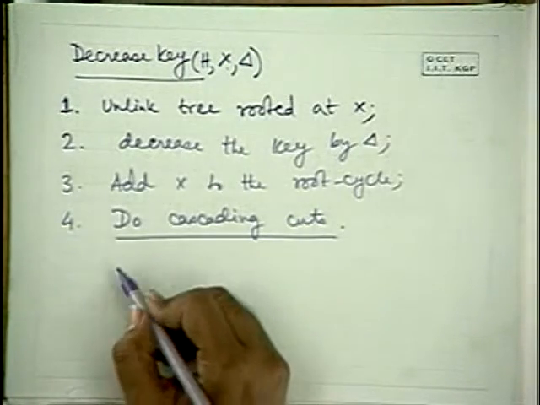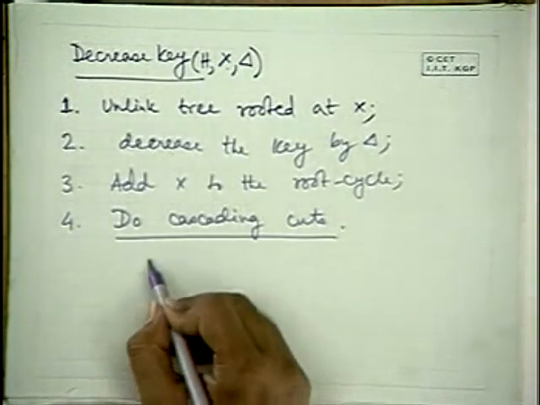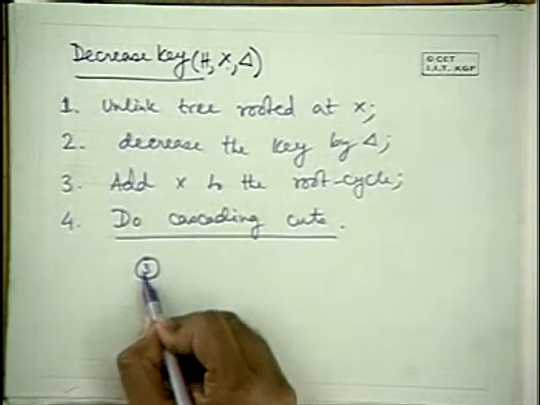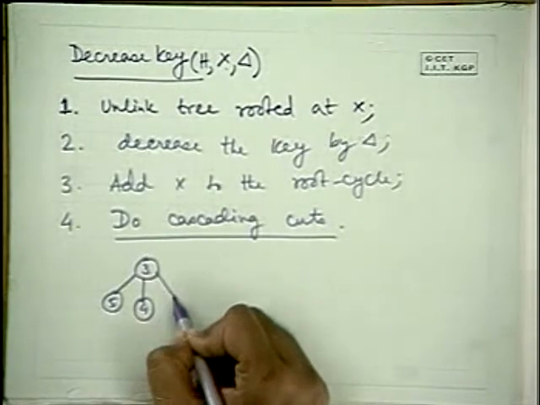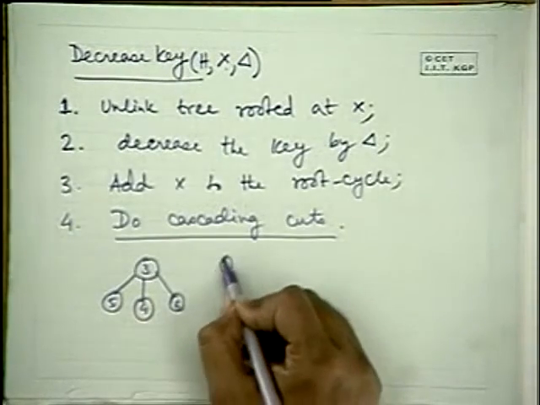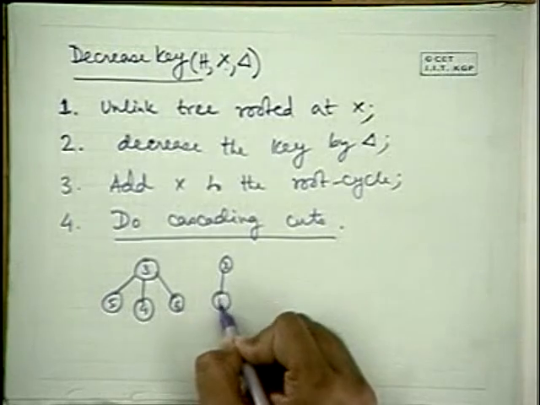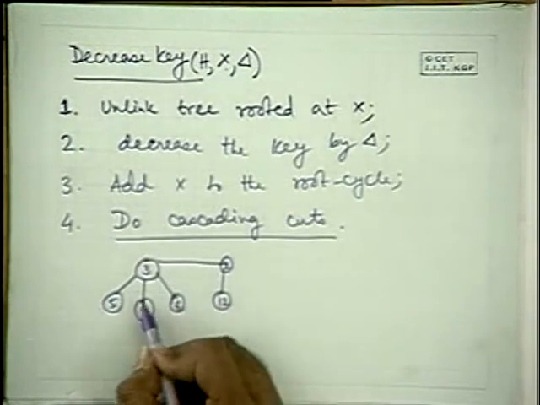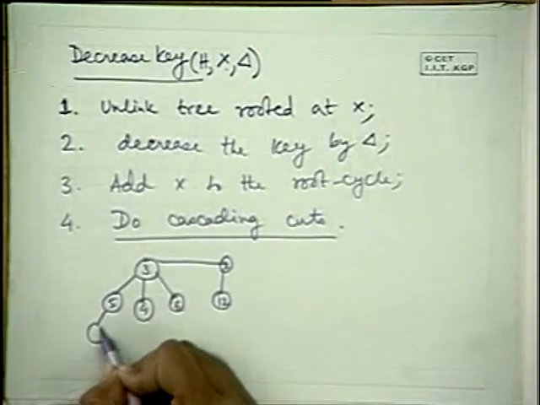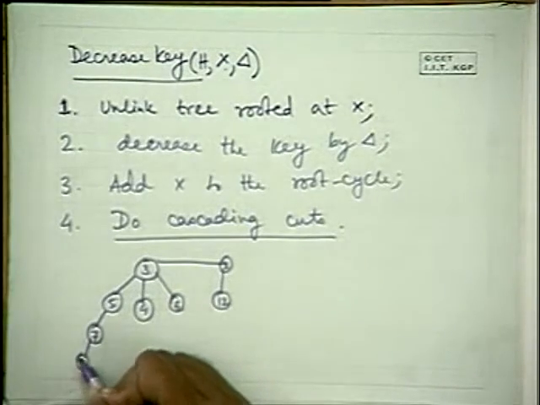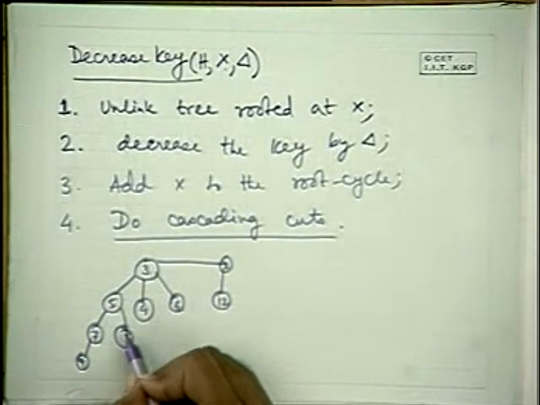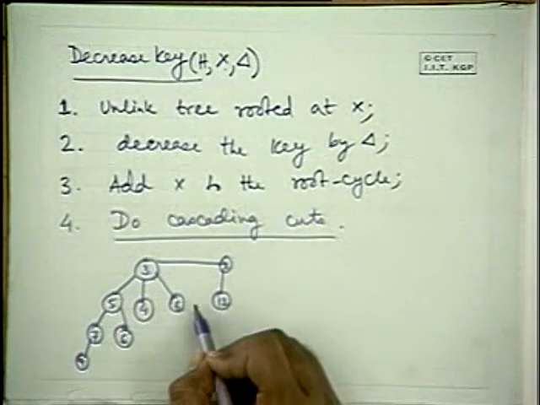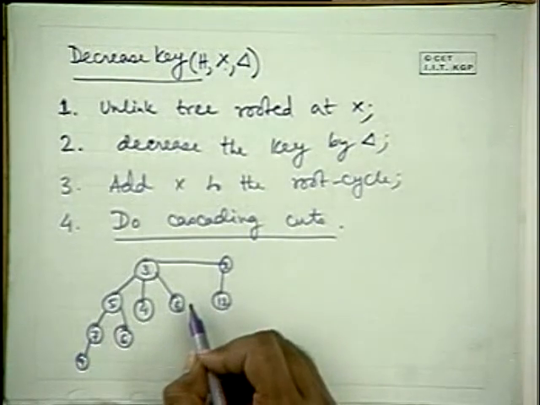Now here is an example. Suppose we have this tree, 3, 5, 4, 6, 2, say 12, and these two are in the cycle, and suppose this is 7, this is say 9, and this 5 has say another 6 or 8.